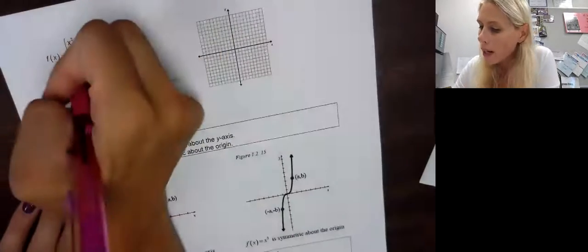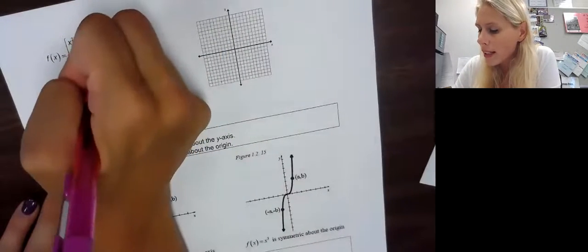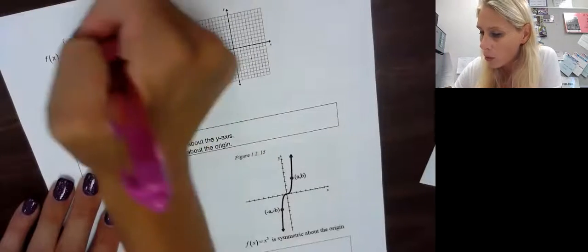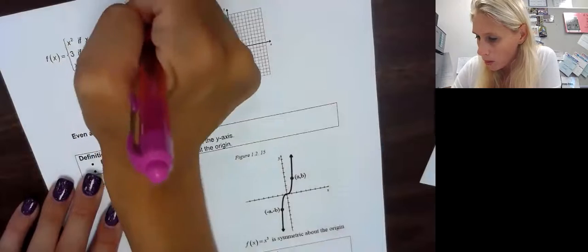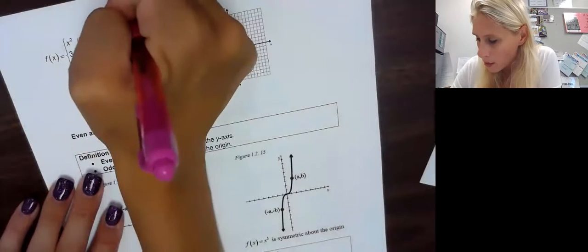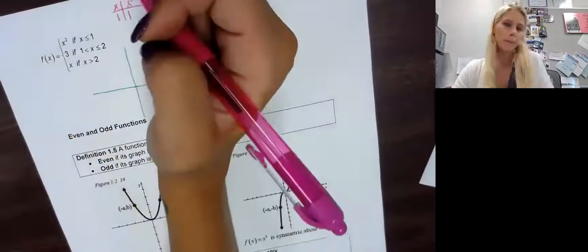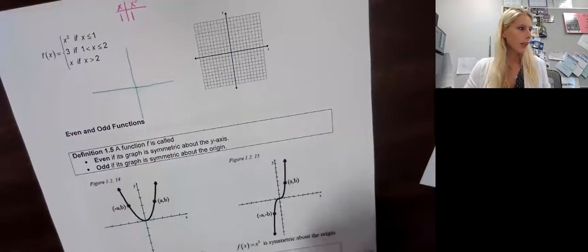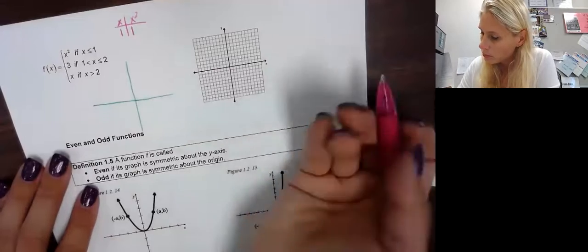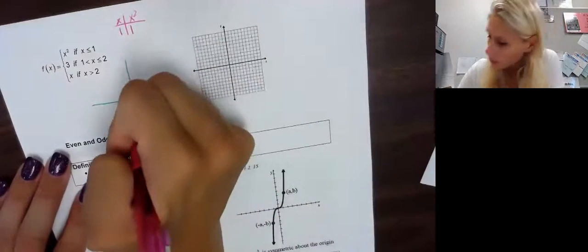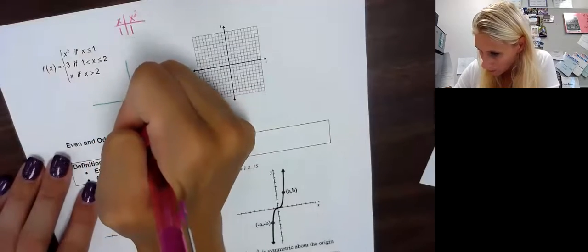So x squared, if x is less than 1. So the first thing, guys, I'm going to do is find out the value at 1. So if I do x squared here, that means I can get 1, 1. Right? So 1, 1 is right here.